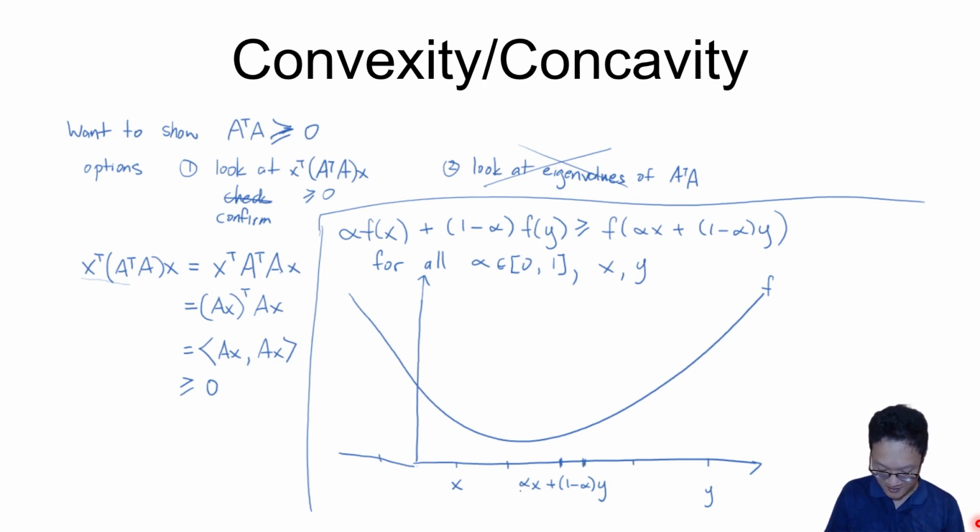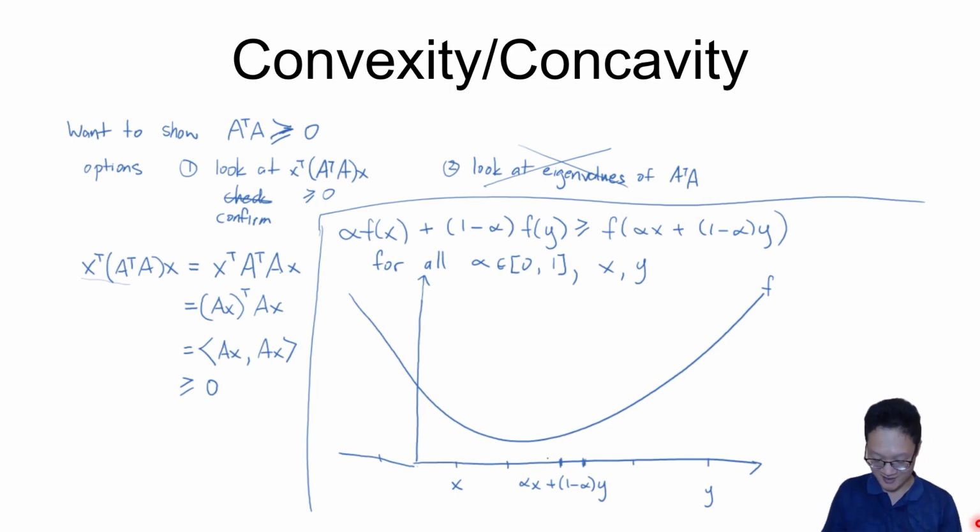When alpha is 0, we have 0 plus y, so that would be y. When alpha is 0, we're all the way on the side of y, and when alpha is 1, we're all the way on the side of x. For some other alpha, we're just going to be alpha of the way from y to x.